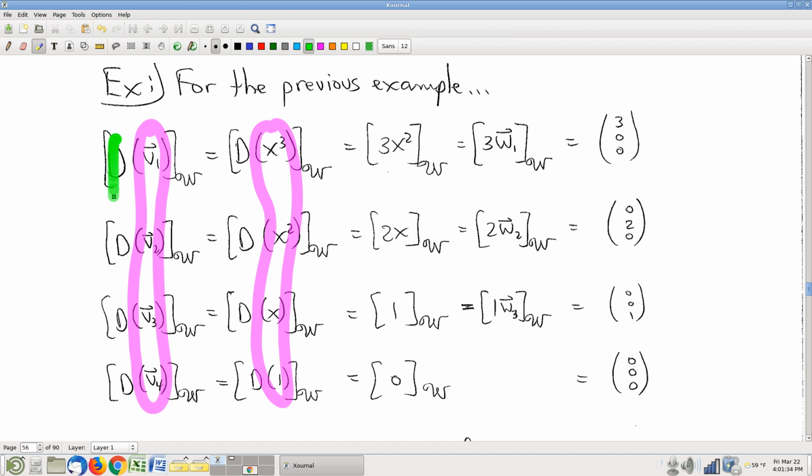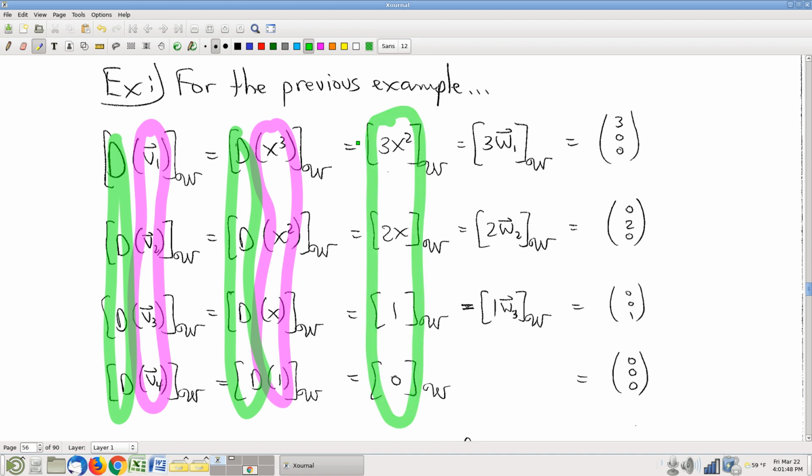Here we do the linear transformation to them. In other words, this linear transformation was just take the derivative. So we're going to take the input basis vectors and take their derivatives. That's easy calculation, right? You get 3x squared, 2x, 1, and 0.